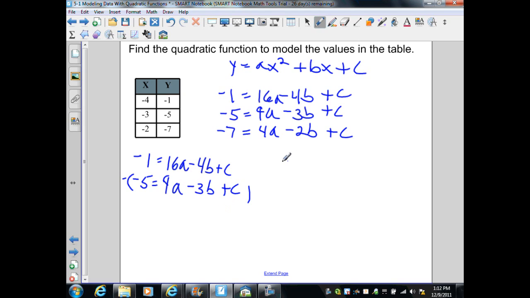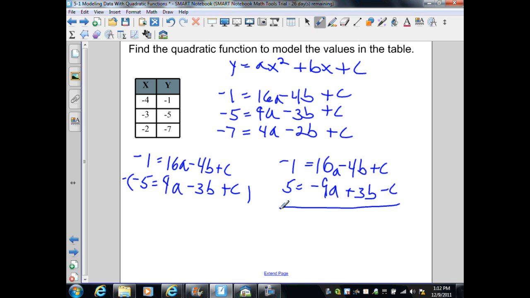That'll give me negative 1 equal to 16a minus 4b plus c. The bottom equation will give me, when I distribute by negative 1, 5, negative 9a plus 3b minus c.